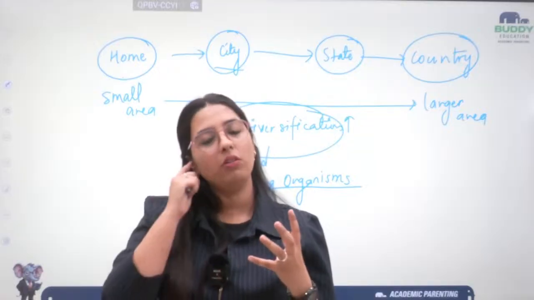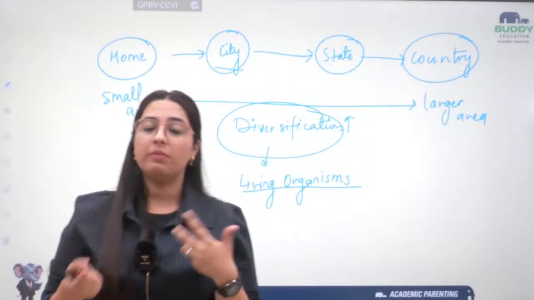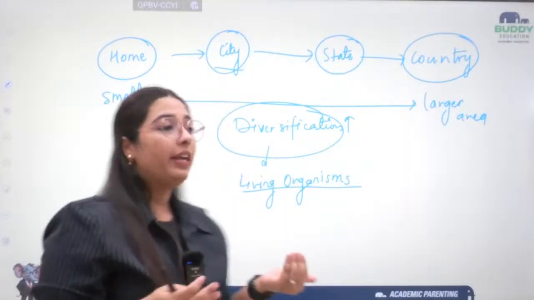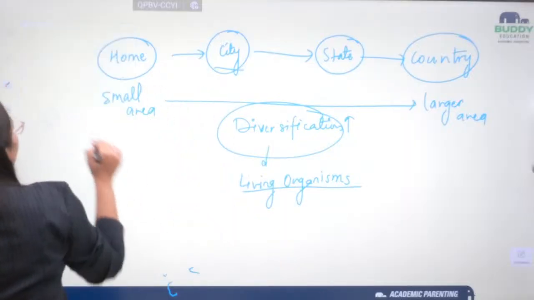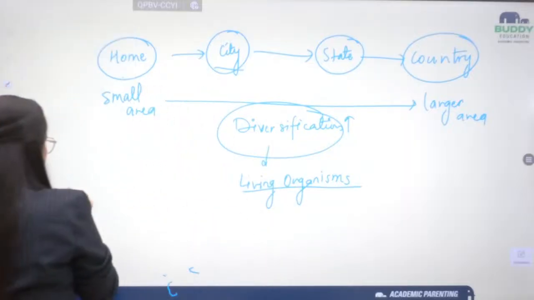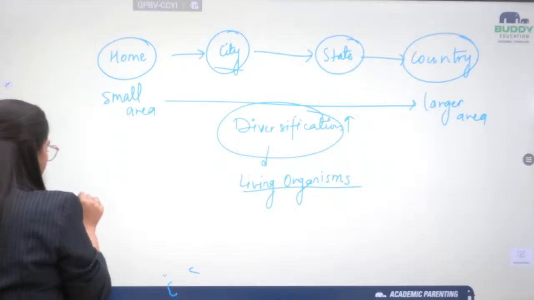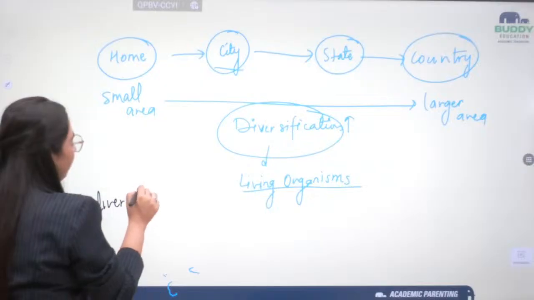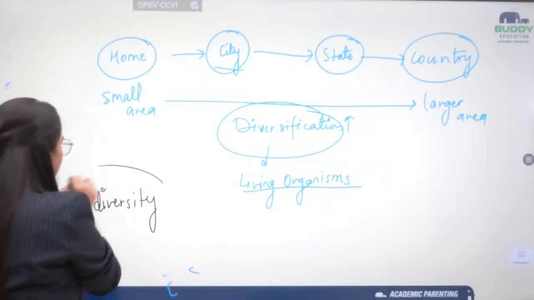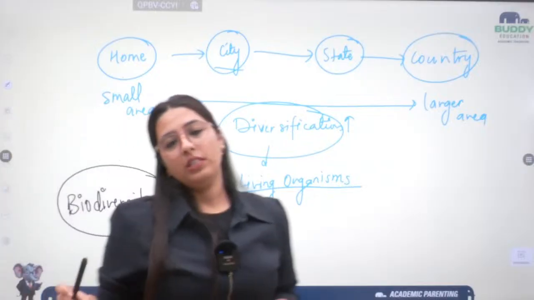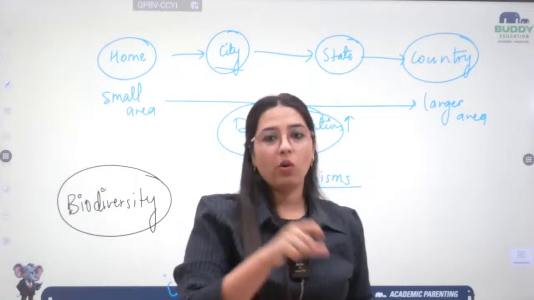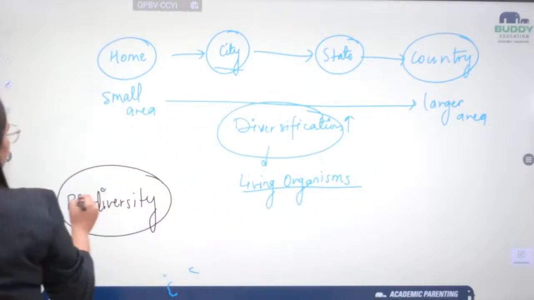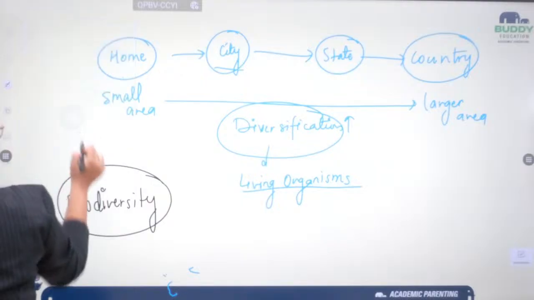So if I talk about this diversification in living organisms, there is one particular definition about it, and that word says biodiversity. Now, what is this biodiversity? Biodiversity comes from two words, that is bio and diversity.